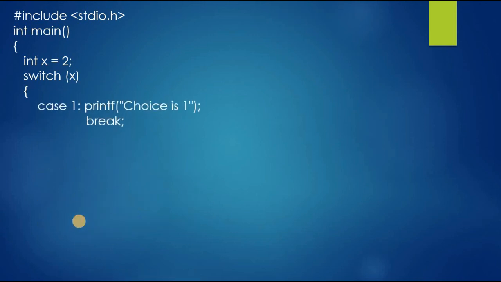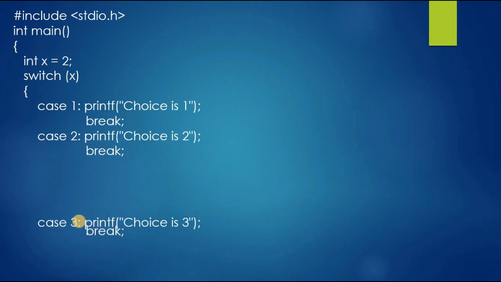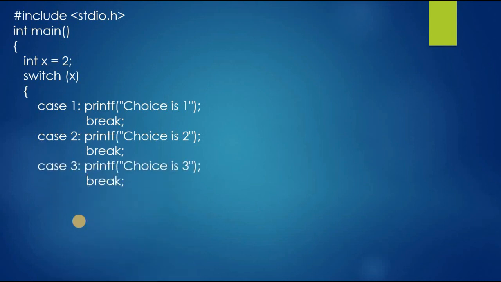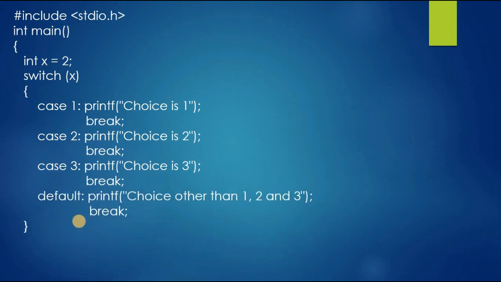In the first case we have written "choice is 1". In the second case we have written "choice is 2". In case 3 we have written "choice is 3". Then default, in the default we have written "choice other than 1, 2 or 3". Then break will come and return the value 0.